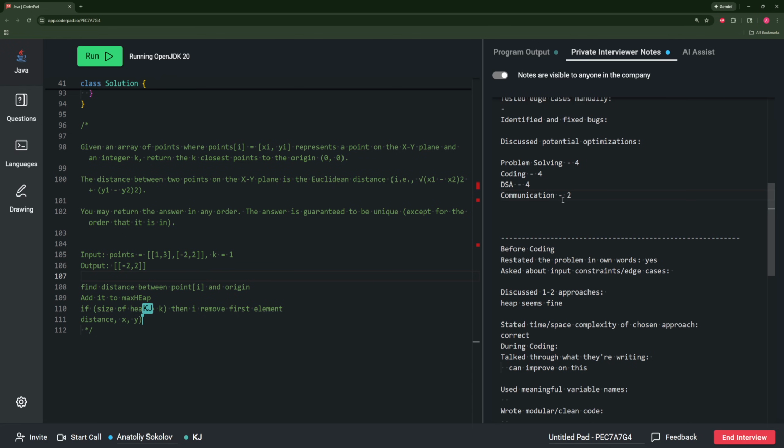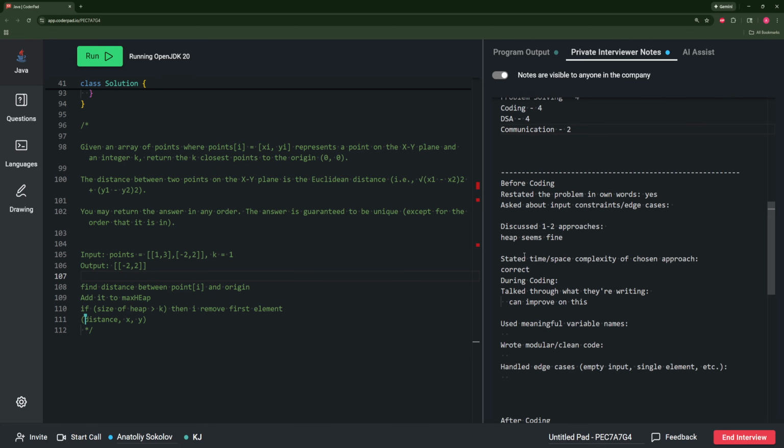So I'll store all three pieces of information in my heap. So at the end, I can just pop all of the remaining elements of the heap, add them to a list, and return it.